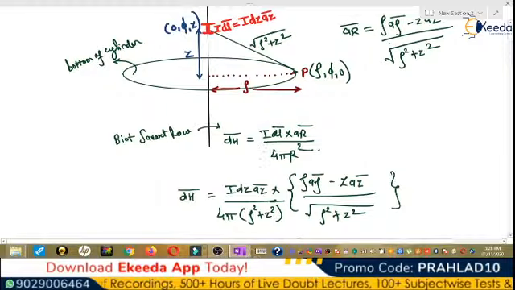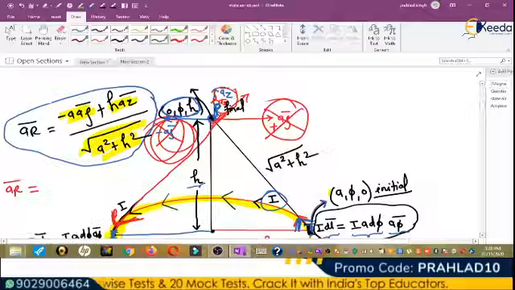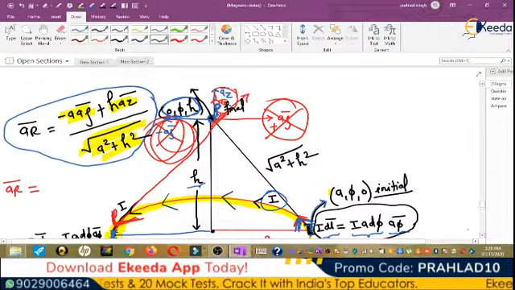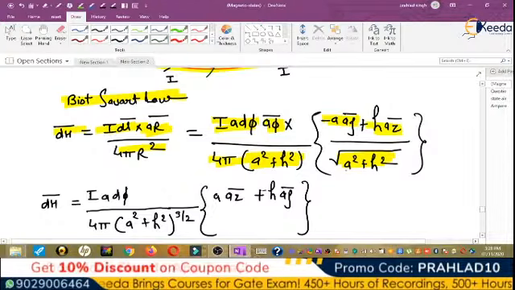So dl vector is I a d phi a_phi vector, cross product with a_R vector. a_R vector is minus a a_rho plus h a_z by under root of a square plus h square, and we will simply cross product it.